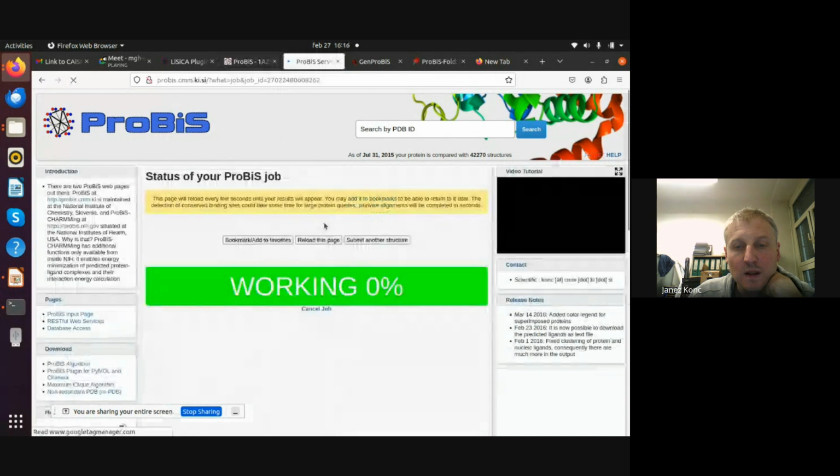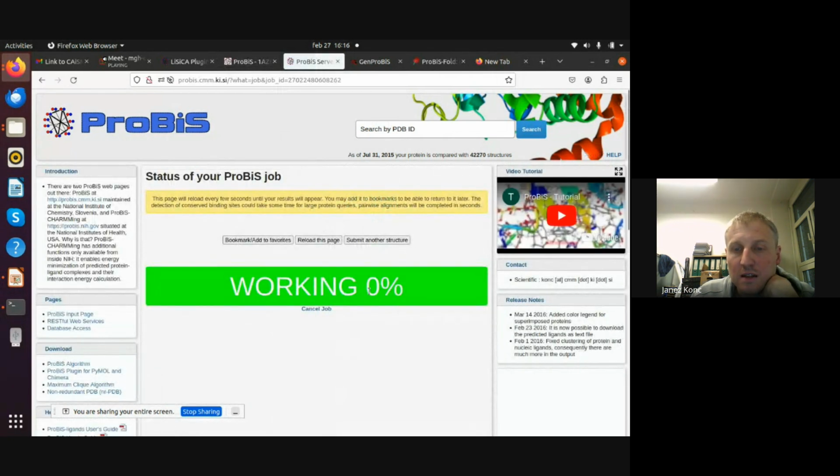Okay, so it's working. It will work for quite a long time, actually. So we won't see it, but in this ProBis web server you can input your query protein, and you can get similar proteins, locally similar proteins found in the protein database.